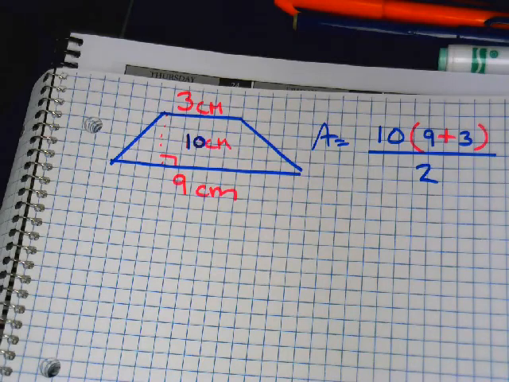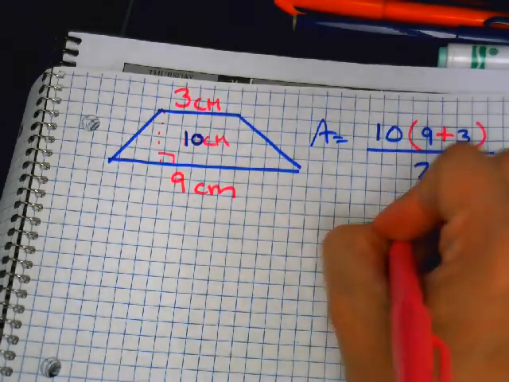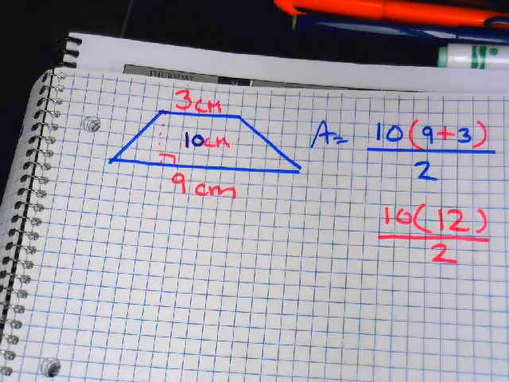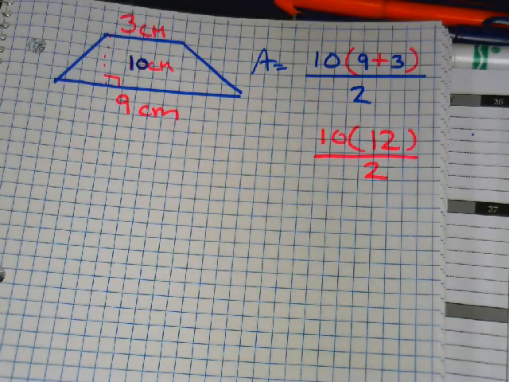All right. What math do I do first? Addition. Because it's in the parentheses, we are going to add first. What is 9 plus 3? 12. All right. Write that down. 12, parentheses, 10, divided by 2. Does anybody know the trick of multiplying by 10? Add a 0.